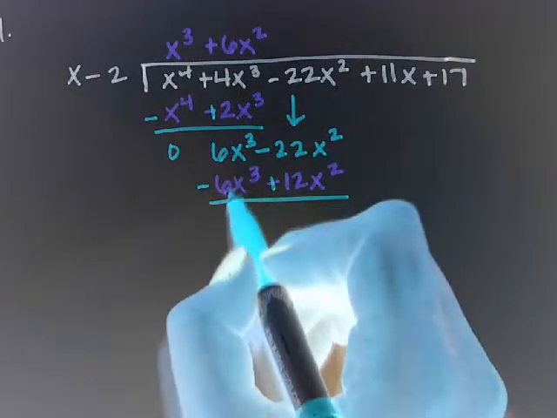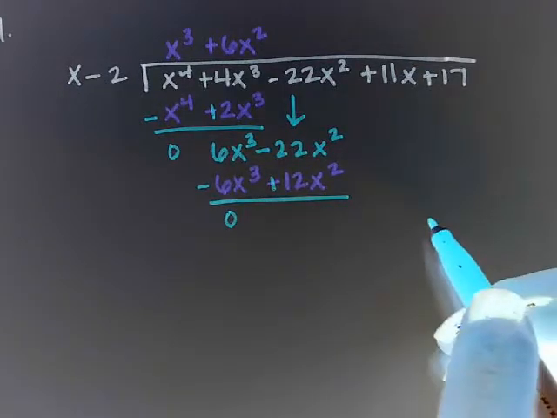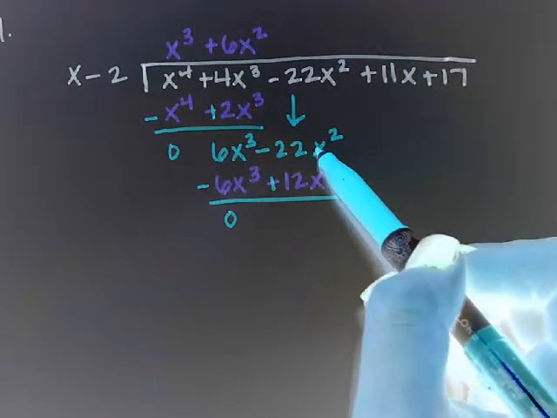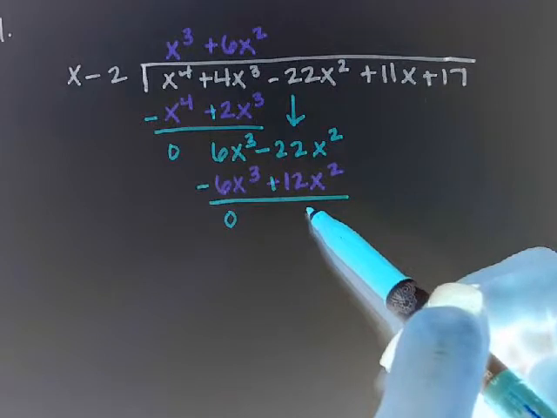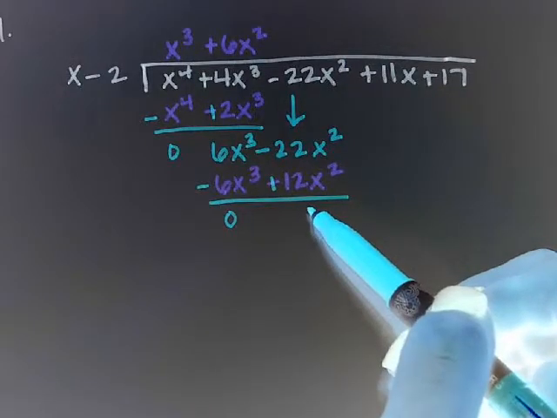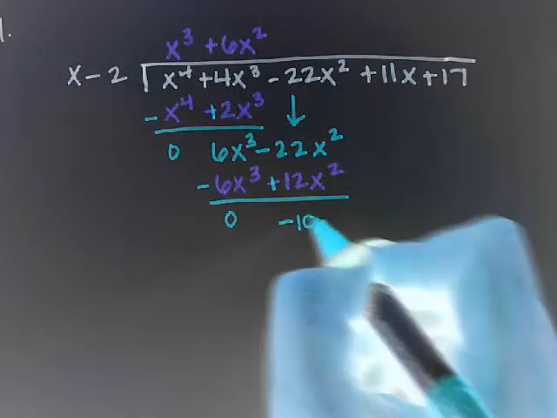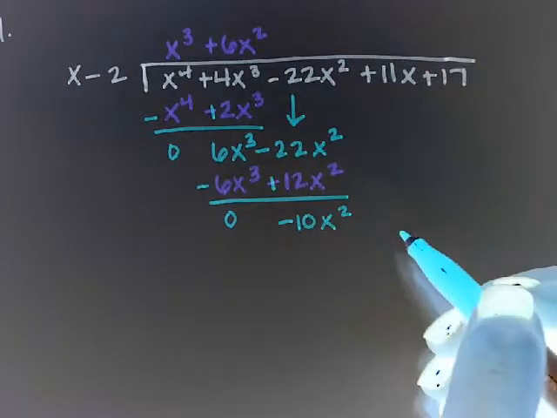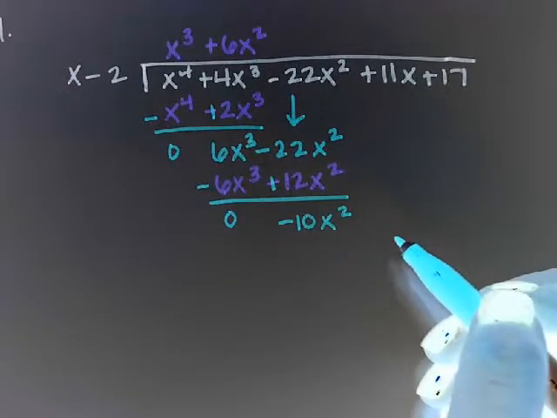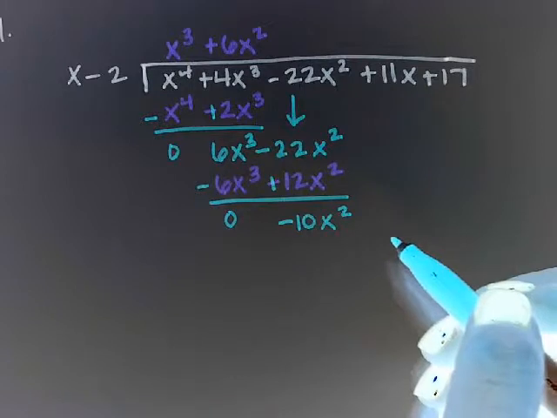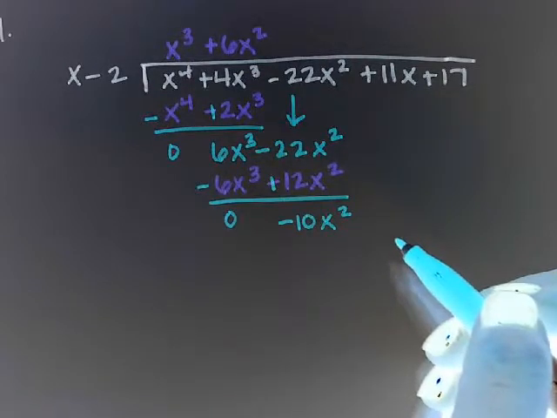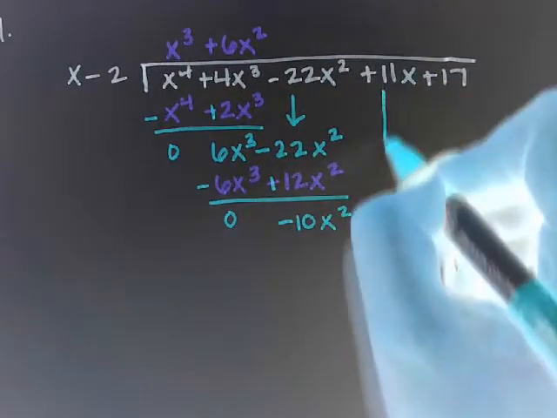So these zero out like they should. Negative 22 and positive 12 gives us negative 10. Now what do we do? Drop down the 11x.